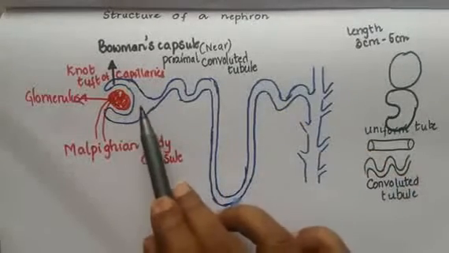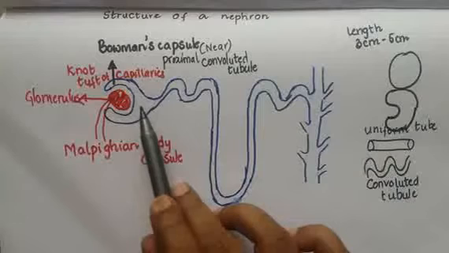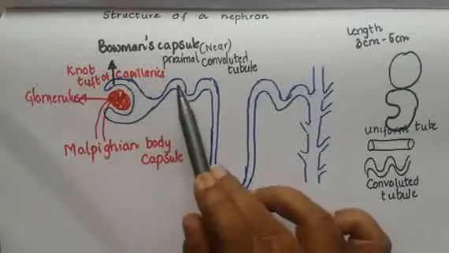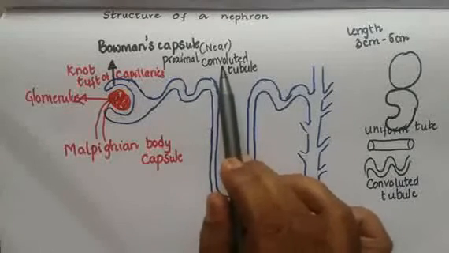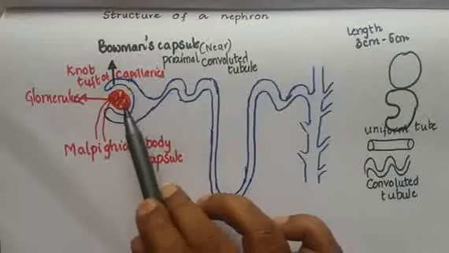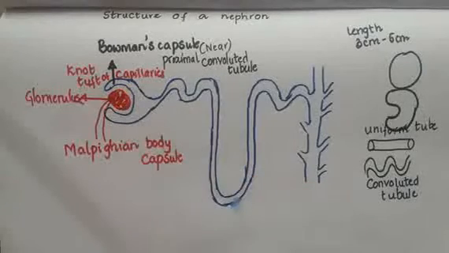So the inner hollow space of the Bowman's capsule continues to form a convoluted tubule, and since it is very close to the Bowman's capsule, it has been named the proximal convoluted tubule.